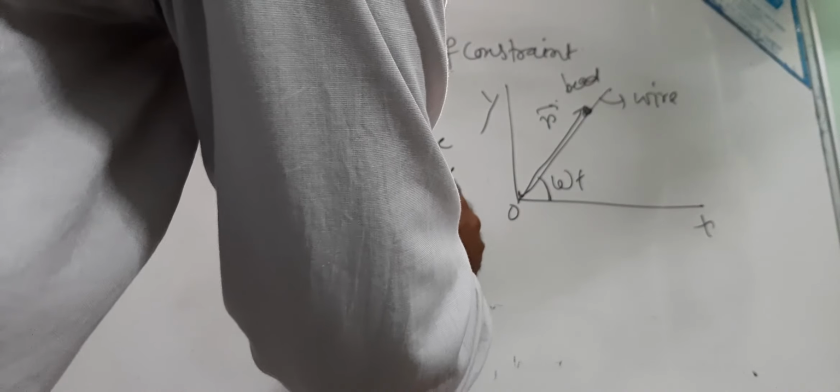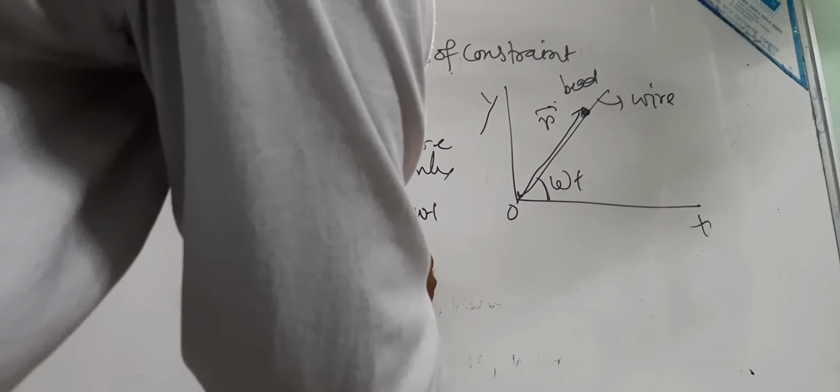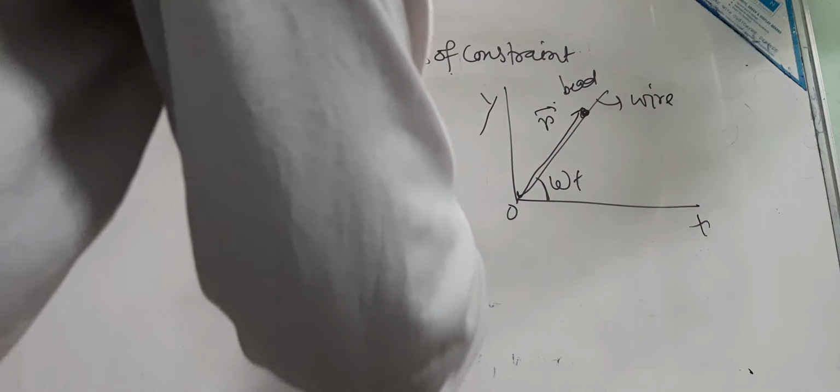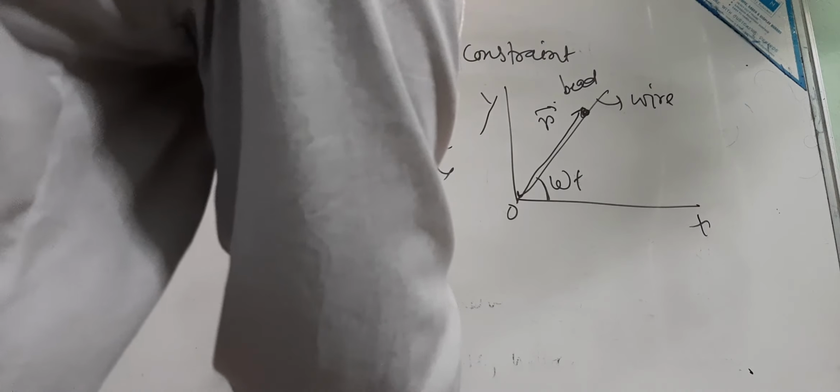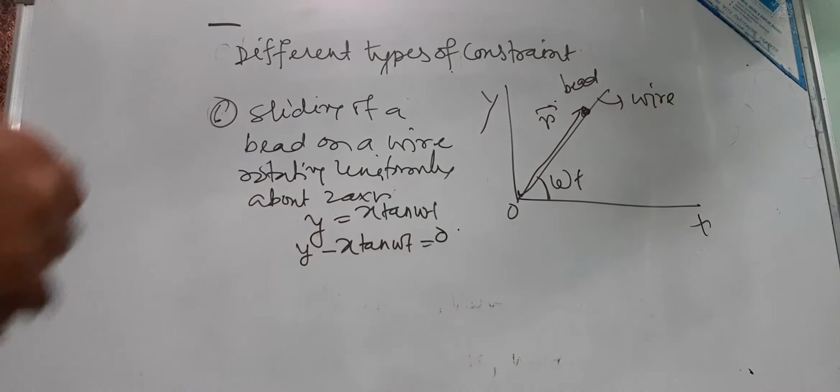Here I can write tan omega t equals y by x, that is, y equals x tan omega t, or y minus x tan omega t equals 0. So it is rheonomic.